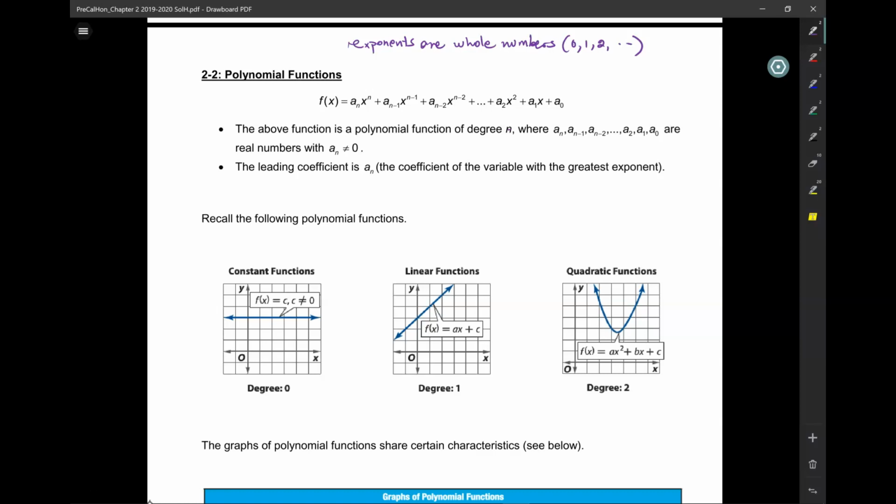So if I start with the highest exponent, 4, then it's -1, -2, -3. So it's n, n-1, n-2, and then all the way down to 2, 1, and so on. Okay. So the leading coefficient is the coefficient of the variable with the greatest exponent, not necessarily the first one, because they could be written in mixed order.